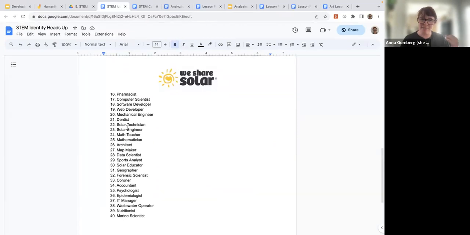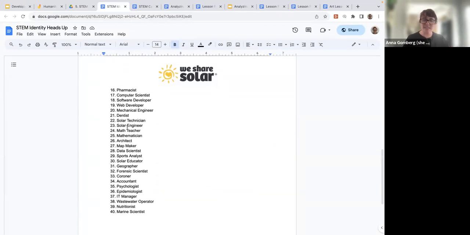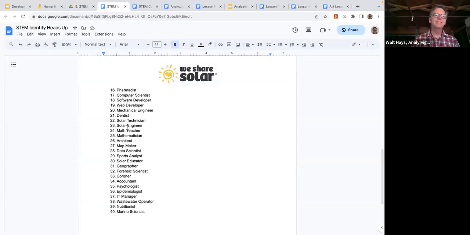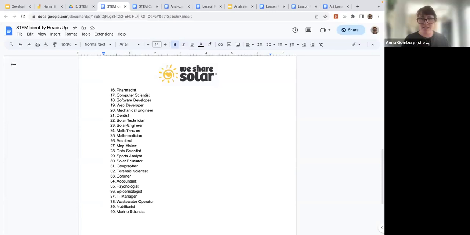So the way I did it was I wrote them all out on post-it notes, and then it was adorable. These kids would just come up to me and I'd stick it on their head or on their back, and then once they got it, they were allowed to get another one, and they just loved it. They just kept going. Some of these are basically impossible because they've never heard of it before, and it's a very specific career, but they'd help each other, eventually they'd work it out, and it was just fun.